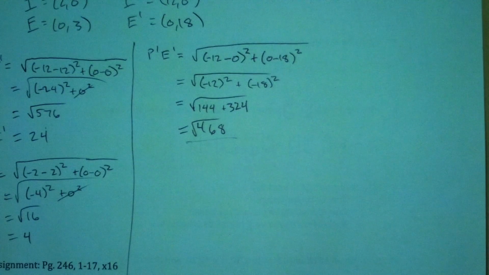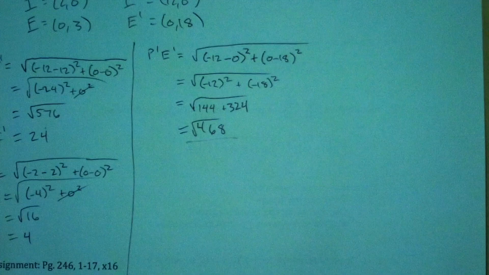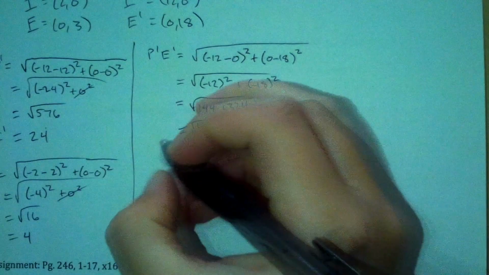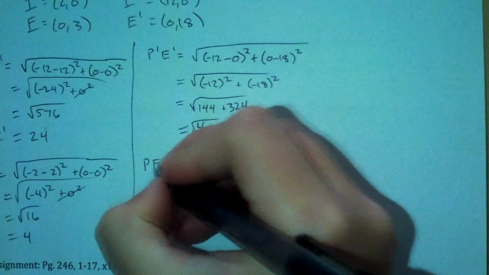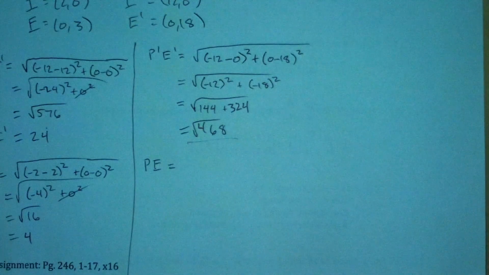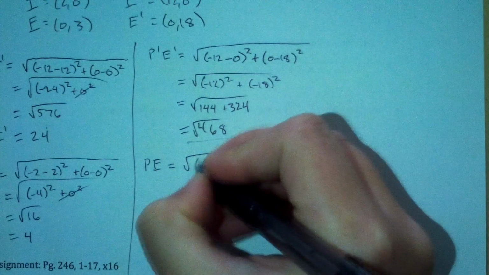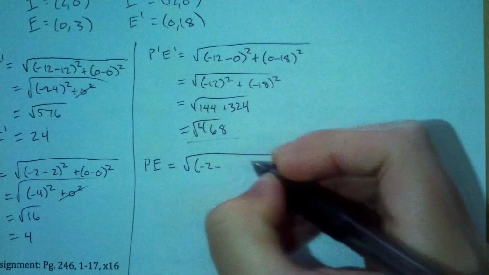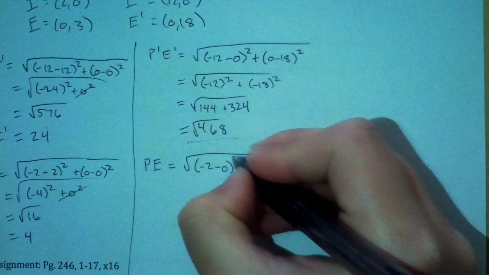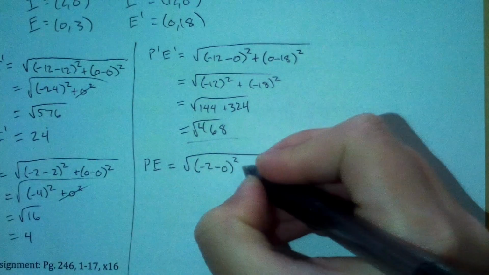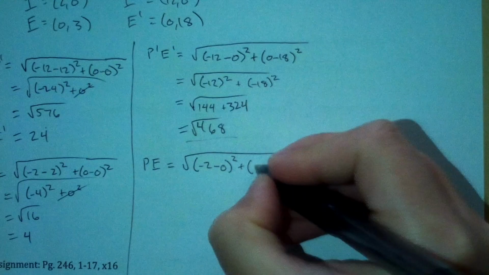And conveniently, we had 12 and 18 before, right? So it was 144 plus 324, which ended up being square root of 468. The numbers end up being the same just because it's an isosceles triangle, so the distances are going to be the same. Again, we'll keep that as that square root because that's kind of a gross number.